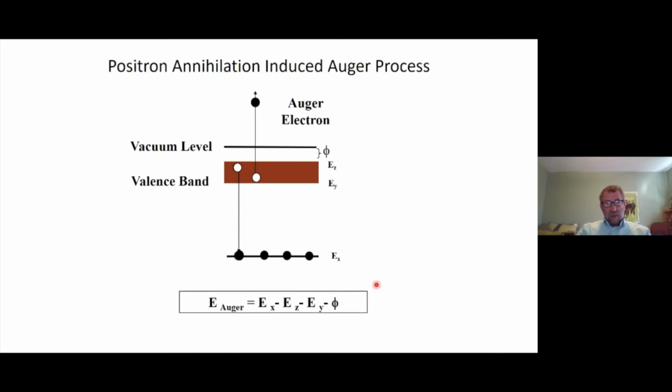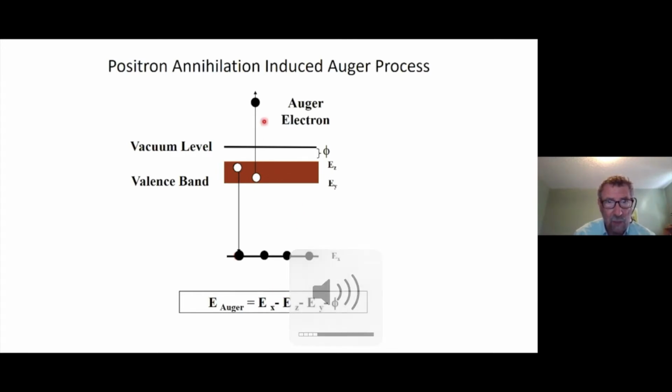And because the energy levels of each element are in general unique, and especially these core levels, like the core level we look at in carbon, the 1s is a binding energy of about 300 eV, and oxygen is like 500, and in copper it's like 80. So these core level energies are unique, and so by looking at the energy of this outgoing electron, which depends on the energy difference between these other valence electrons, we can figure out what the elements are.